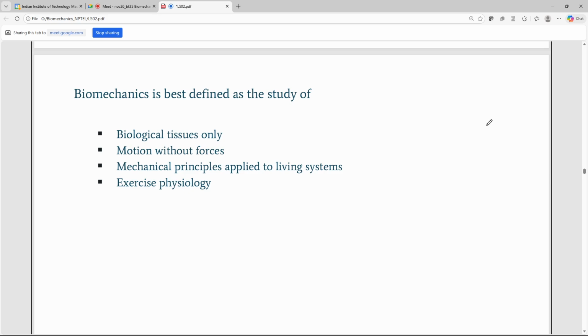Which is the best definition for biomechanics? Try to answer the question.